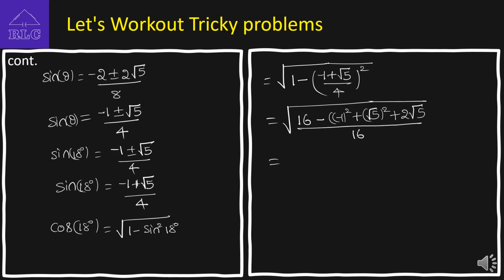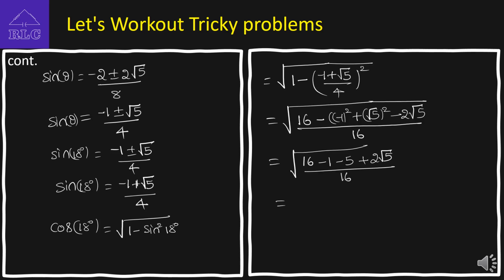Okay, so this one is equal to root of 16 minus 1 plus 5, sorry, minus 5, sorry, here minus will come, next plus 2 root 5, divided by 16.